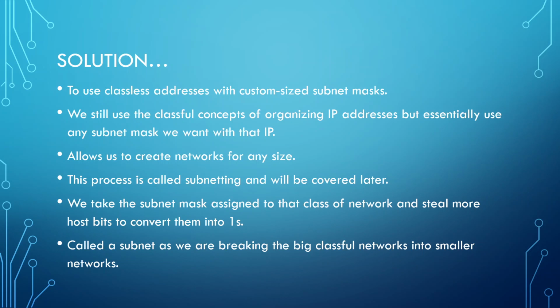We call this a subnet, as all we are doing is breaking a big classful network into smaller networks. So think of this as a network within a network. We're taking one large network, in this case a Class A network, which gives us over 2 million host addresses, and we're breaking that into smaller networks to better suit our needs.